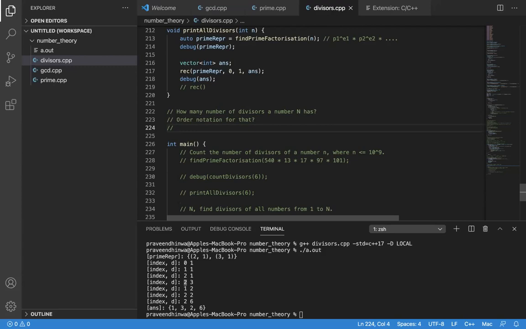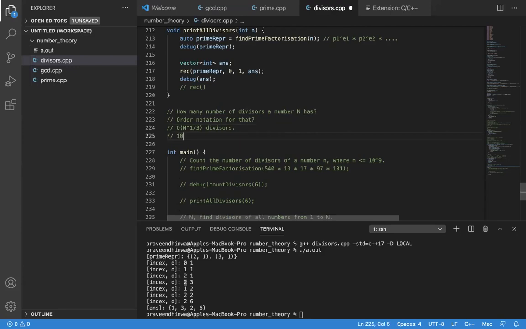You can just remember that it has approximately n power 1 by 3 divisors. So if number n is, let's say, 10 power 9, it can have maybe 10 power 3 divisors.